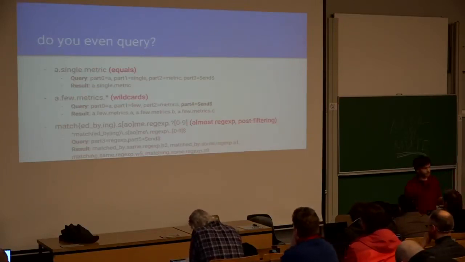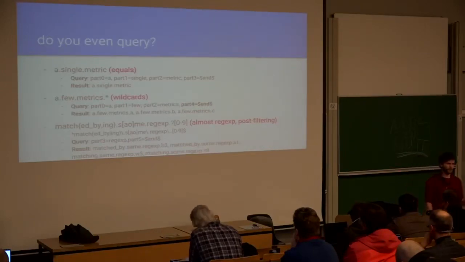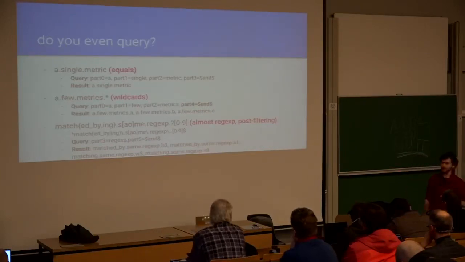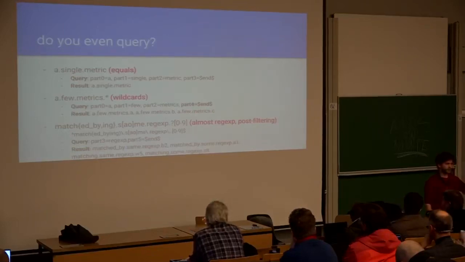As long as we had, I think it was 50 million metrics, that worked well. After that, it stopped working so well, and we sometimes spent multiple seconds finding metrics. It's not that long, but when you have 100 graphs to display, and each of them is taking 5 seconds, that's not really optimal.